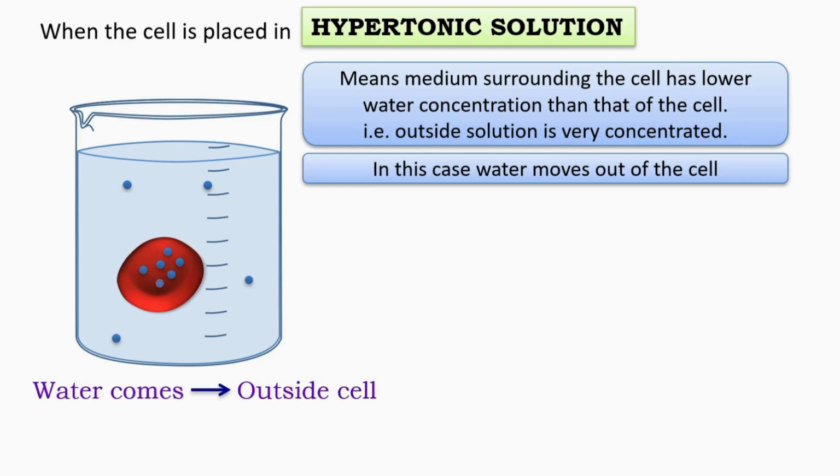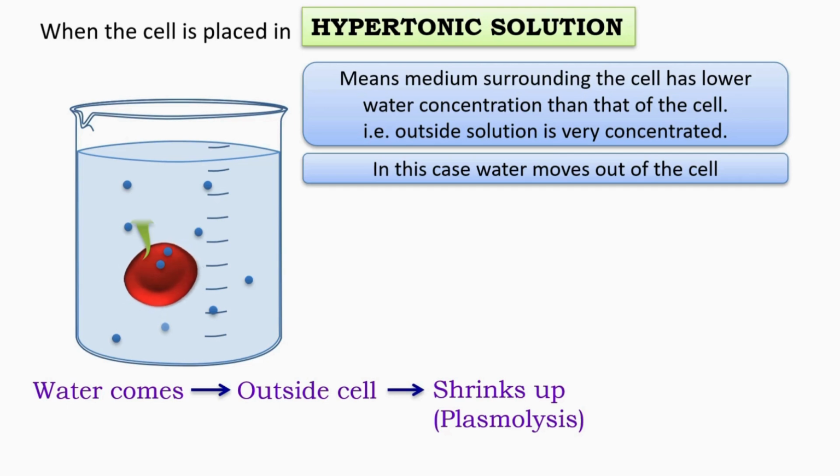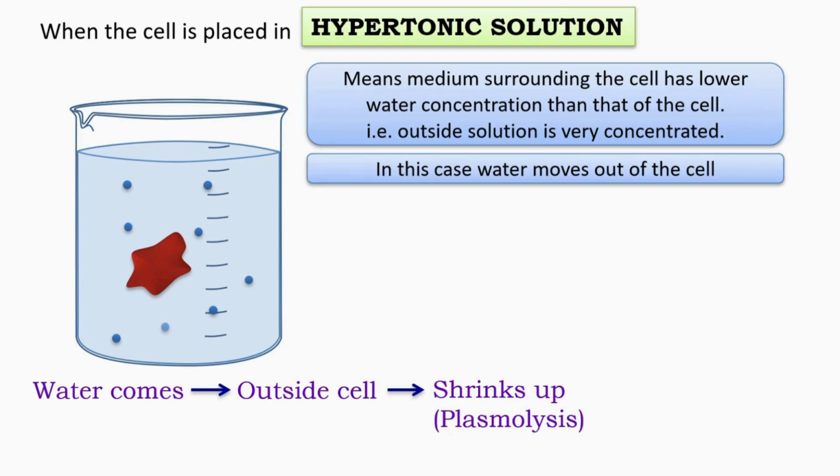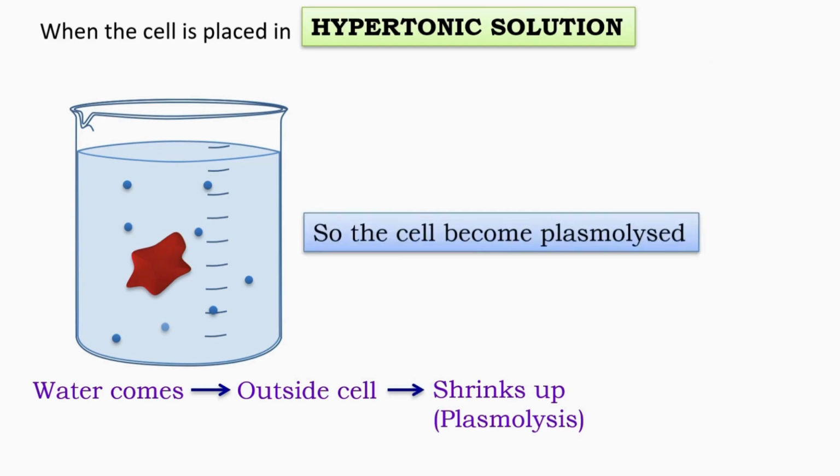So water comes outside the cell and it shrinks up, that is plasmolysis. So the cell becomes plasmolyzed, that is shrinks.